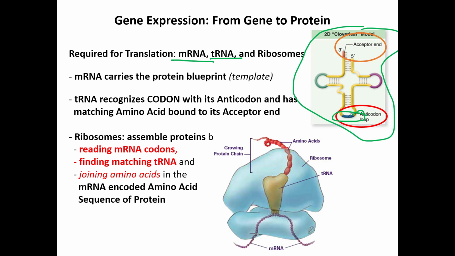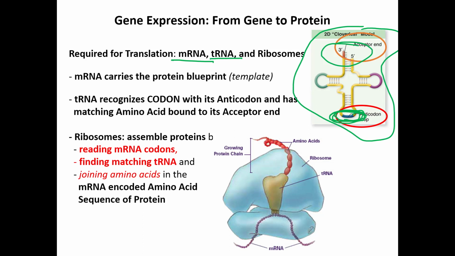And so here, this is a part of the tRNA molecule that will read and recognize the information in the messenger RNA molecule. And here on the opposite end, we have the acceptor end of the tRNA molecule. This is where the amino acid is attached that is encoded by the matching codon for the anticodon here on the tRNA molecule.